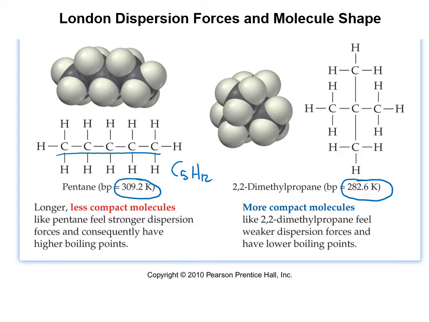The reason is that this is a long molecule, so the electrons can vary more where they are along the entire molecule. So this long chain is more polarizable. Hence, it has greater London dispersion forces. So greater LDFs.